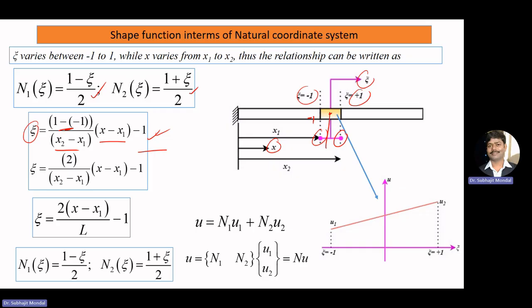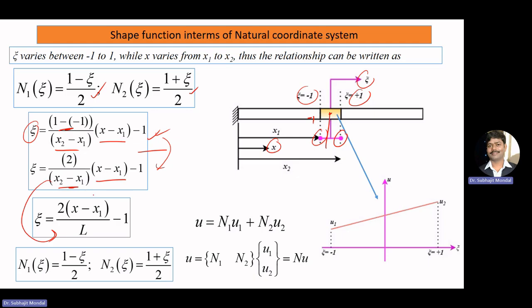Now we can simplify this: xi is equal to 2 over (x2 minus x1), times (x minus x1) minus 1. And this can be further simplified like this.